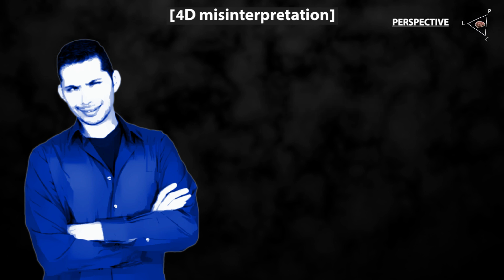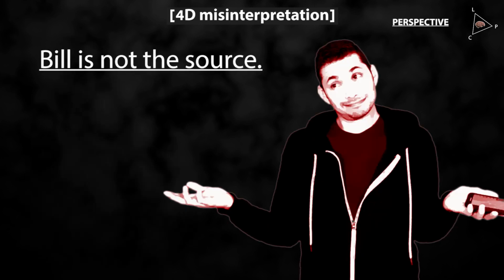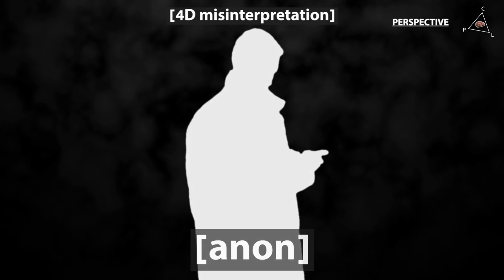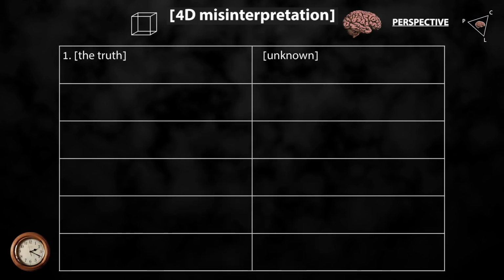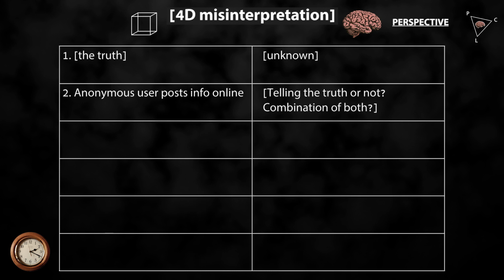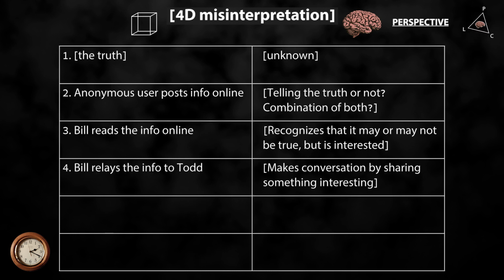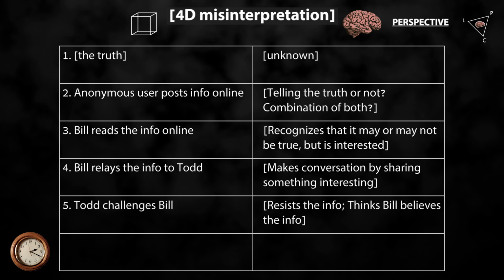This is a 4D error, or an out-of-sequence judgment by Todd, because Bill is not the source of the information. He's just relaying the information. The true source of the information is the person who posted it on the internet message board. If the information is true, it was already true before it was posted online, which was before Bill even saw it, which was before he relayed it to Todd, which was before Todd tried to challenge it.